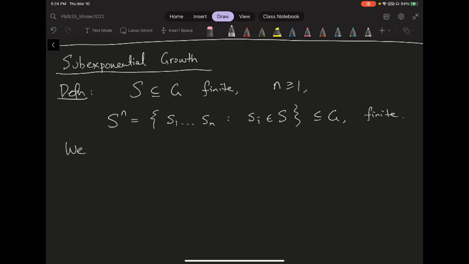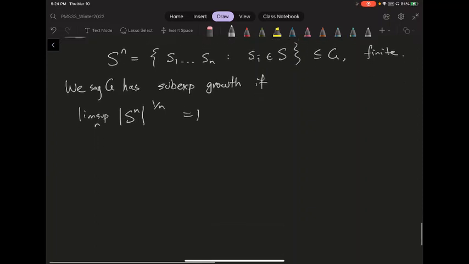So we say G has sub-exponential growth if I consider S^n, raise its size to the 1 over nth power, and take the lim sup, that's equal to 1. It cannot be less than 1, but if it equals 1, we say it is sub-exponential growth.